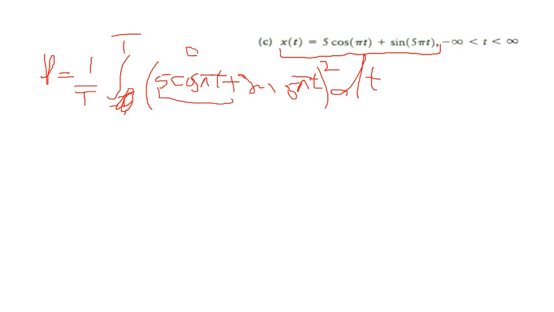You understand a plus b whole square, how to open it, right? So when you simplify it, it will be something like 1 by T, and integration. The first term will be 25 cos square pi t, and plus the similar terms.